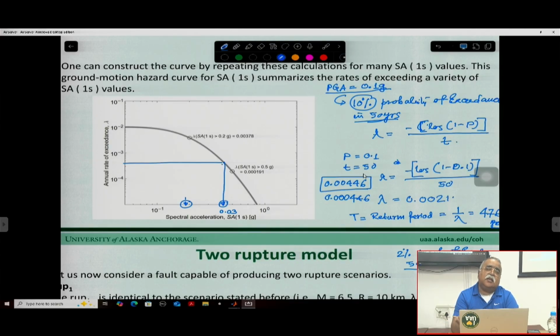That's completely different from the building lifespan, right? Lifespan is a different thing. The probability of exceedance is a different calculation. It depends on the probability of exceedance. Suppose we take 5%, or 10%.